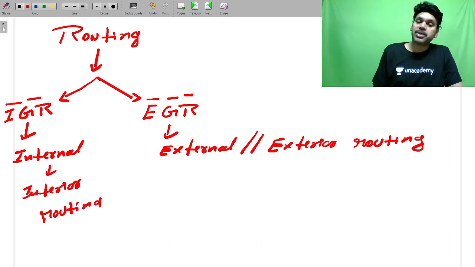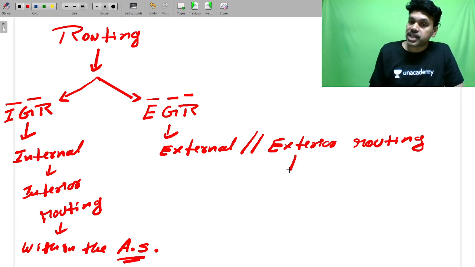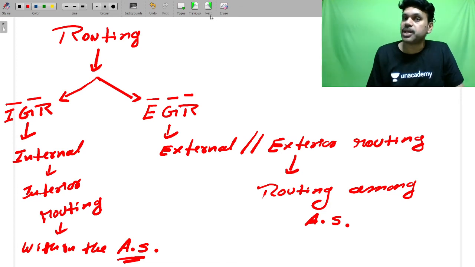What is interior routing? Routing within the subnet, or within the WAN, or within the LAN, or within the autonomous system. This is the right term, autonomous system. What is exterior routing? Among autonomous systems. Okay, I will show you what an autonomous system is.